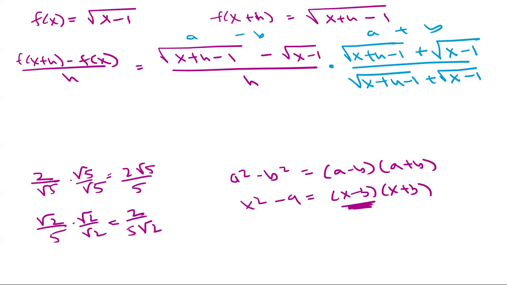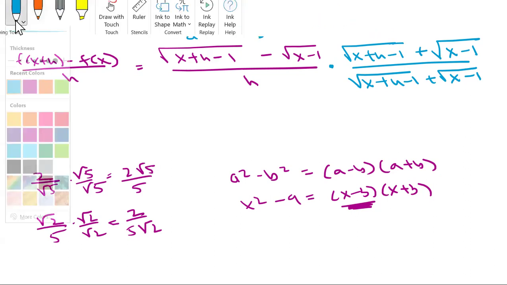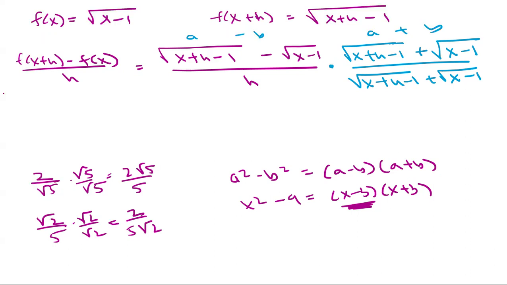So in this case, then, I'm going to rewrite this as the square root of x plus h minus 1 squared minus the square root of x minus 1 squared. Okay, why can I do that?